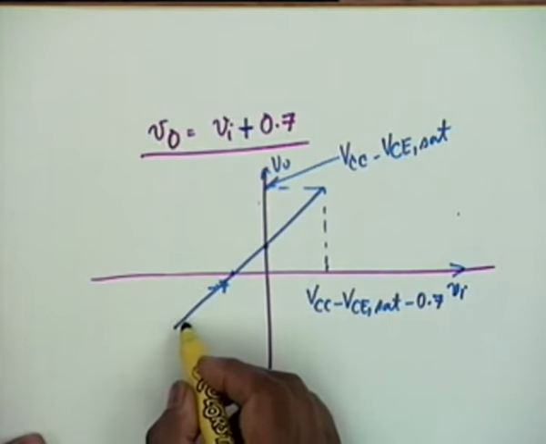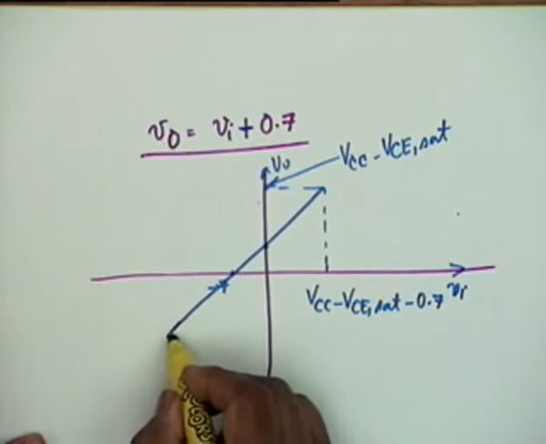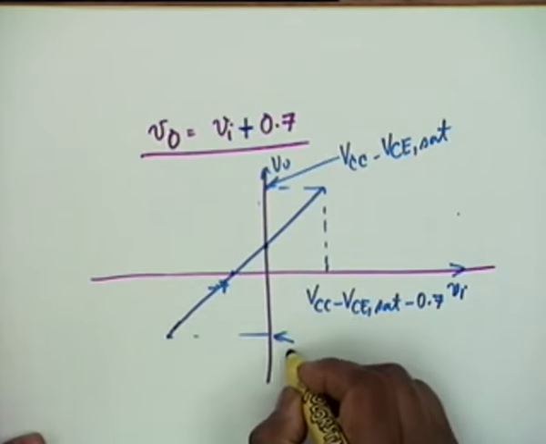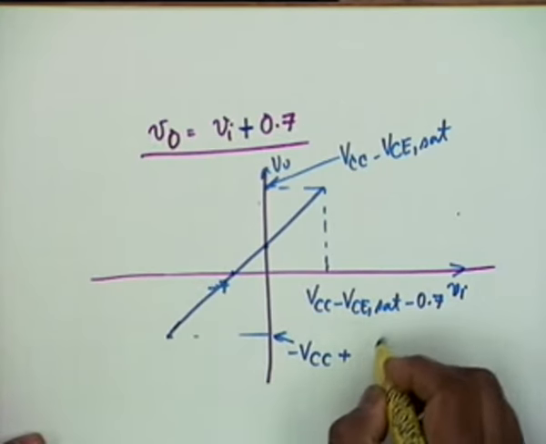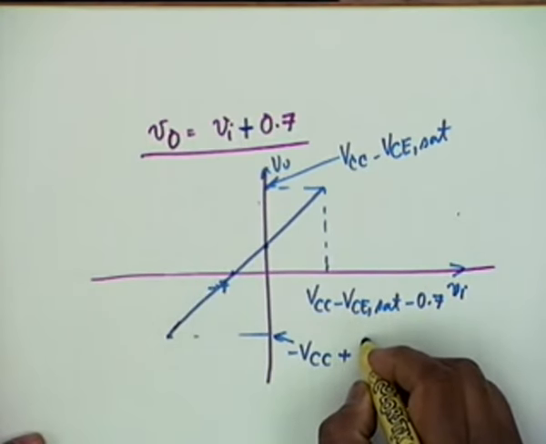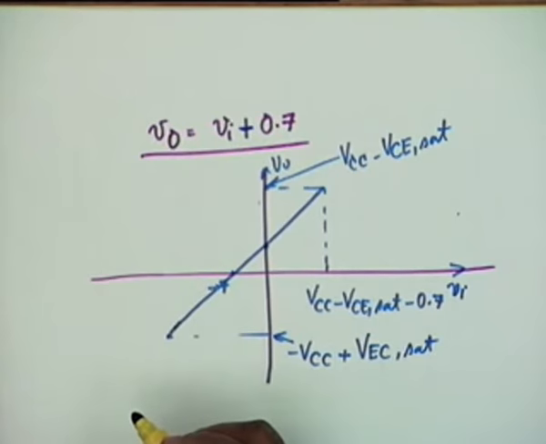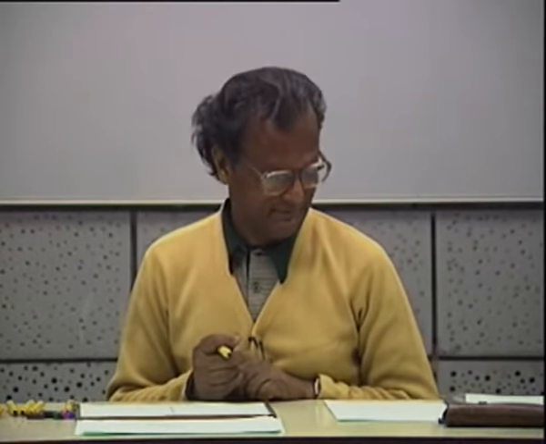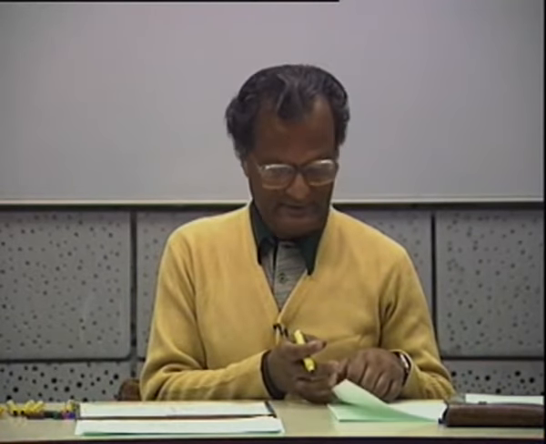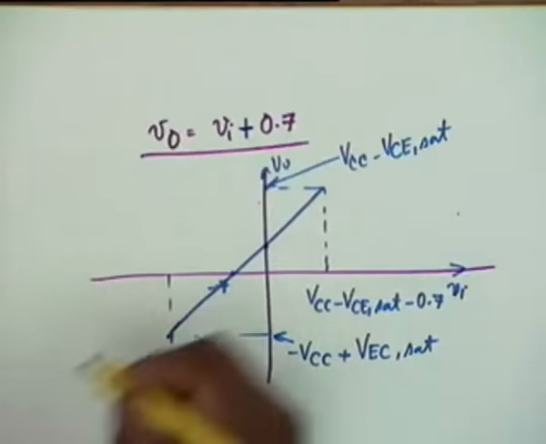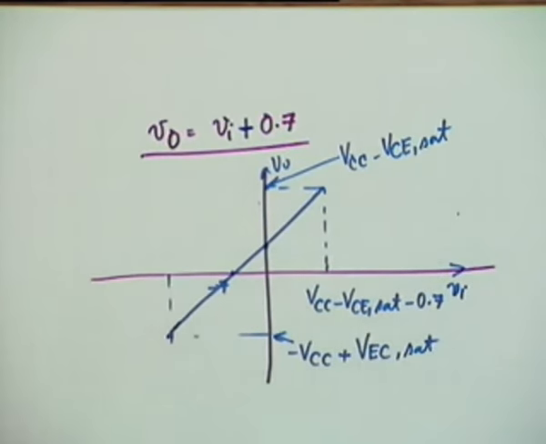And similarly, the minimum value that can be reached is minus VCC plus VEC sat, because for the second transistor, which is a PNP, it is VEC sat, which is equal to 0.2. Okay. So this is how you can find out what the input voltage is. This will be exactly the negative of this, for that particular input.